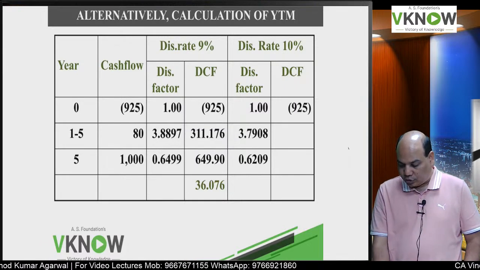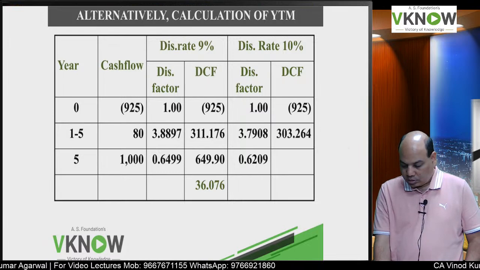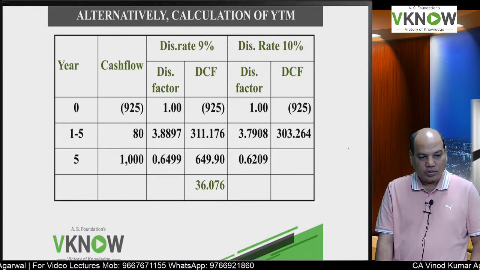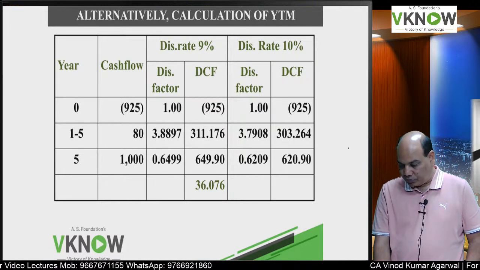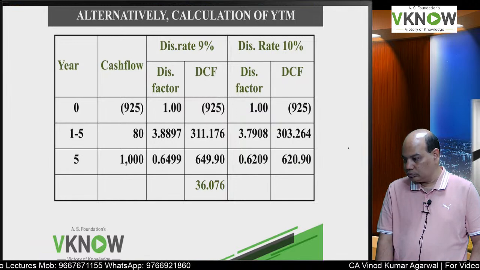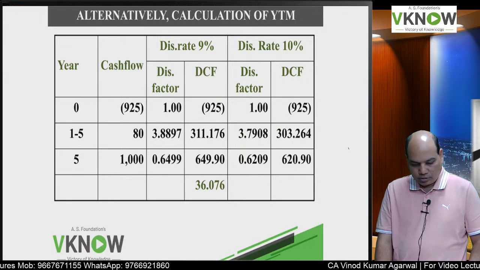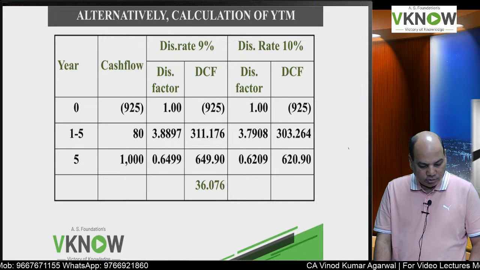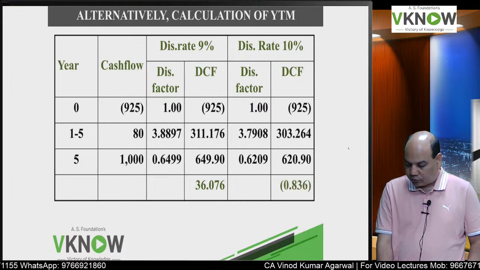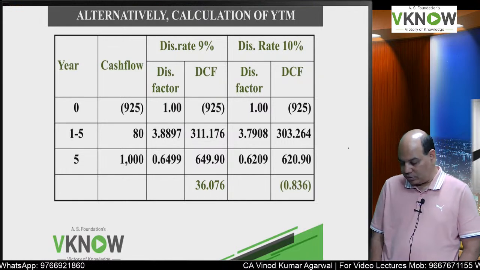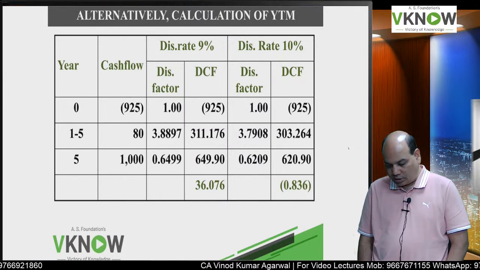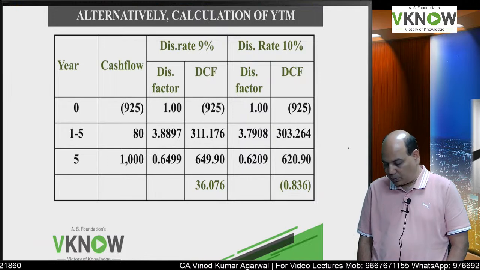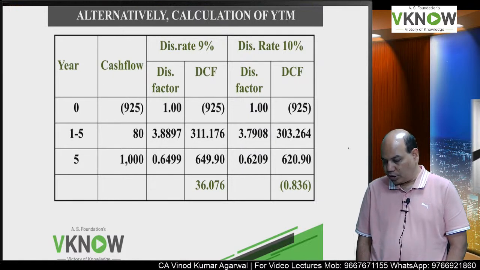Multiply 925 into 1, 80 into 3.7908, which is 303.264, and 620.90. The total of the last column is approximately 0.836, negative.